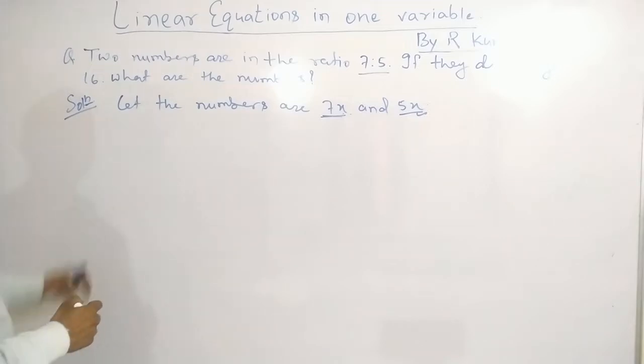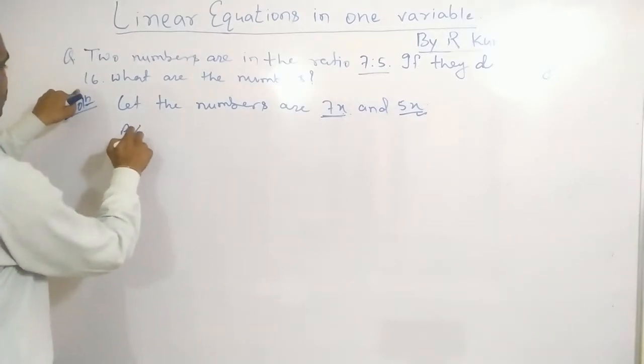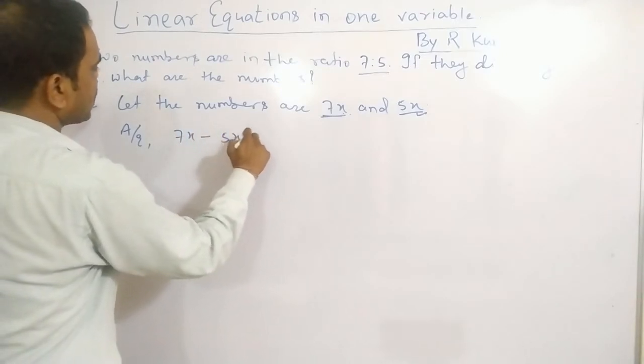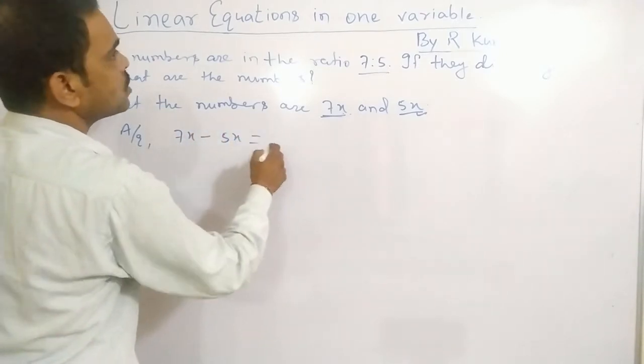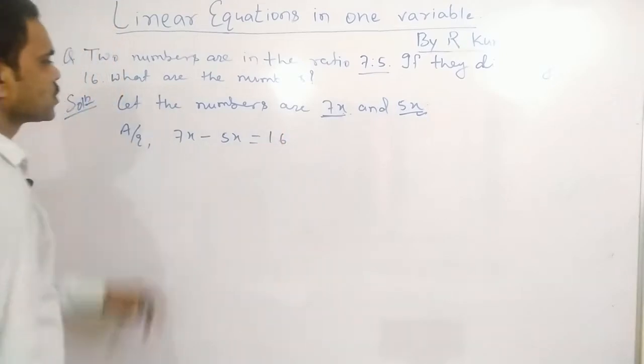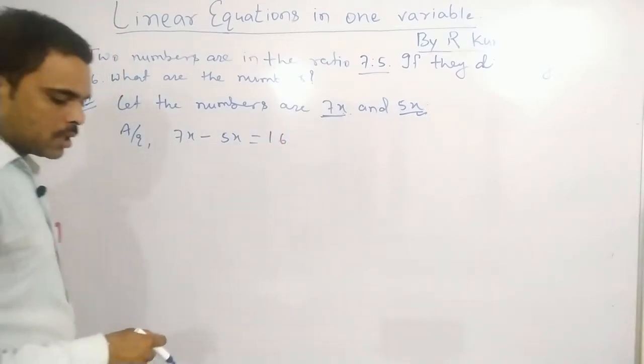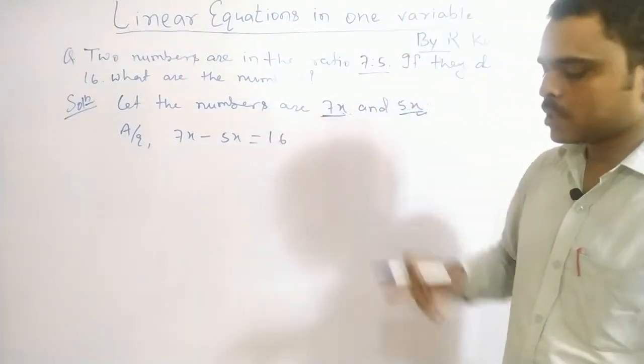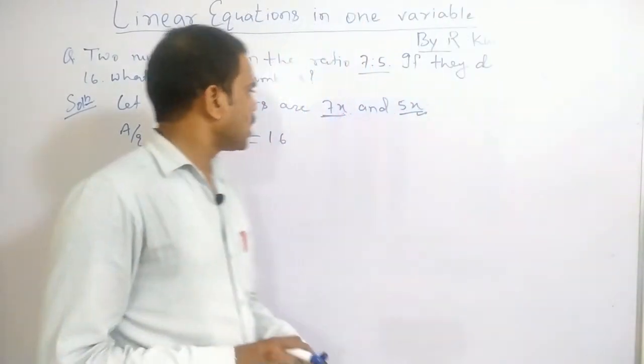If they differ by 16, according to the question, it will be 7x minus 5x equals 16. I have written this accordingly and made this equation.